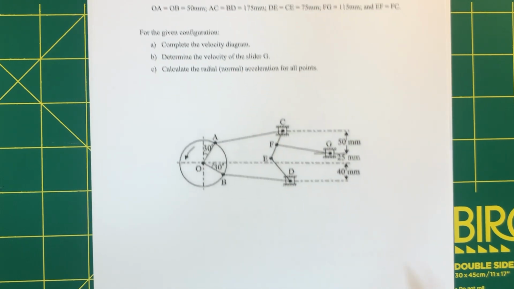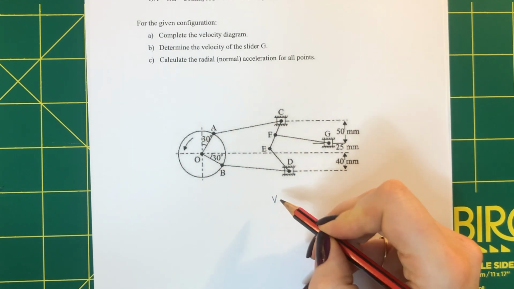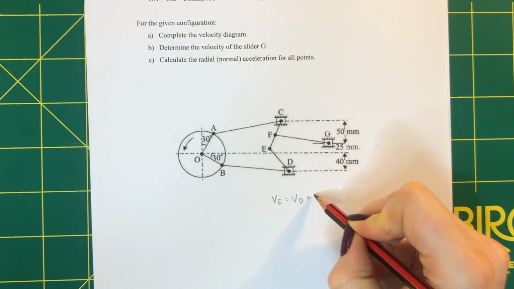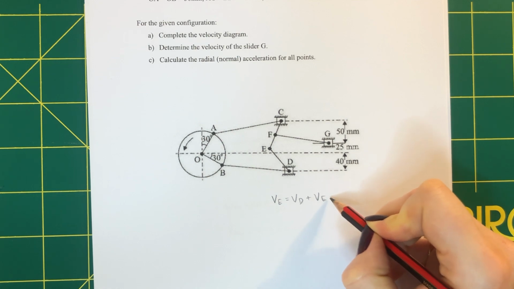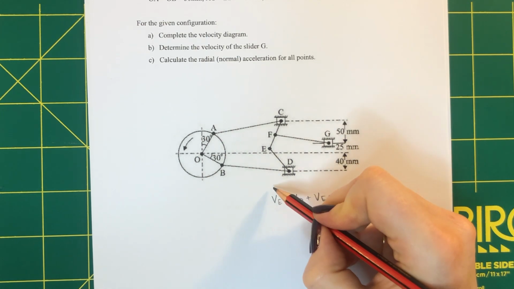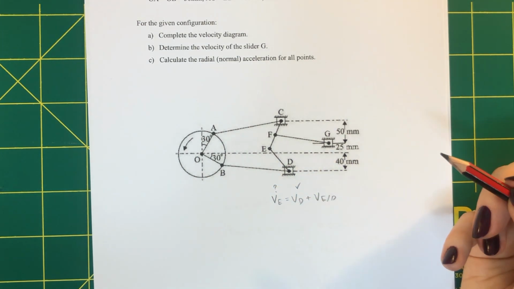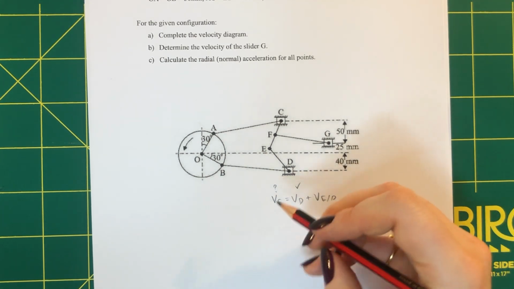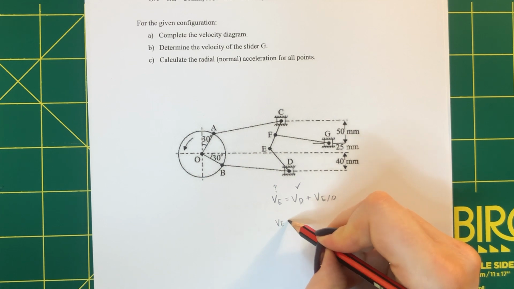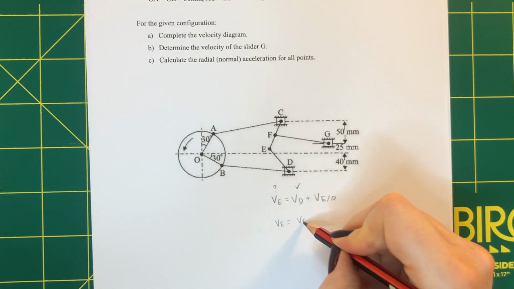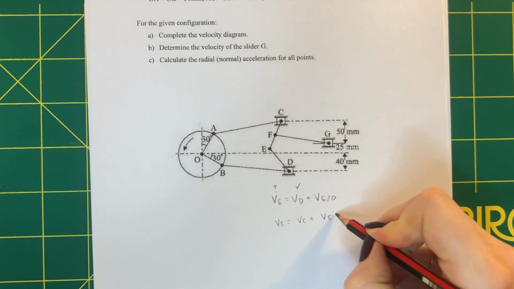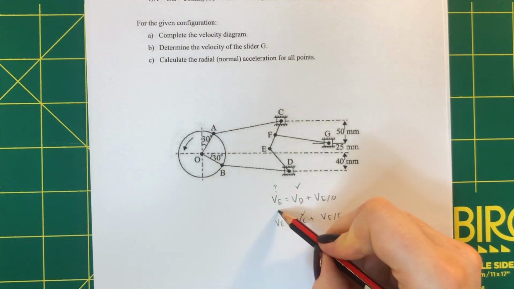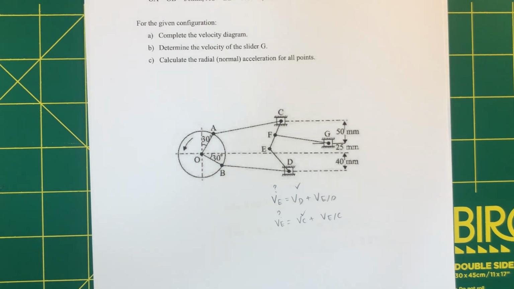I have velocity of E equals velocity of D plus velocity of E relative to D. Now E is an unknown, D I've just found, and I have the E relative to D. And then I have velocity of E equals velocity of C plus velocity of E relative to C. Now I also have point C, and E is also my unknown.